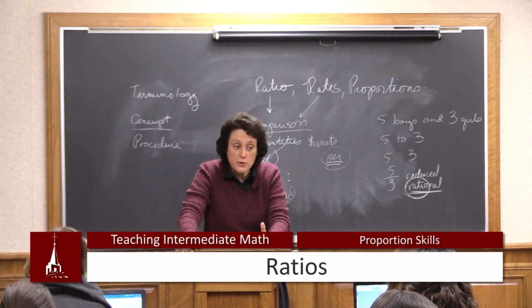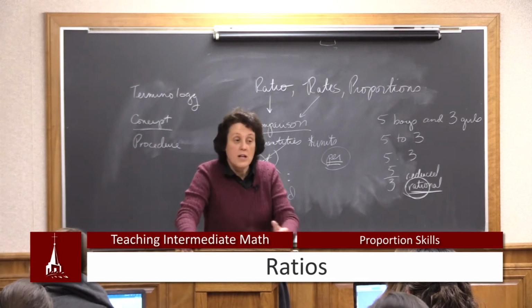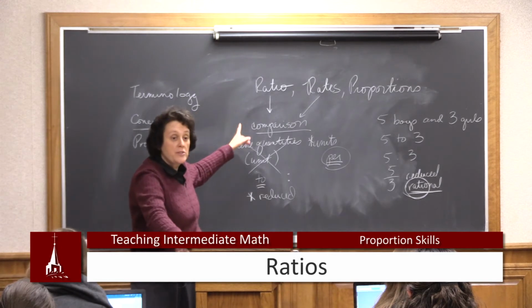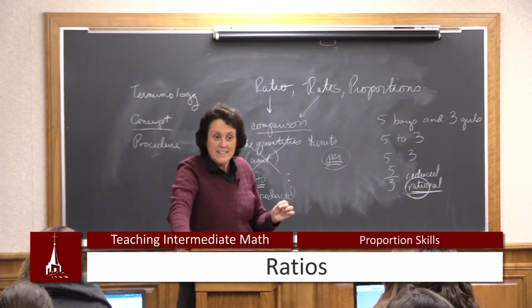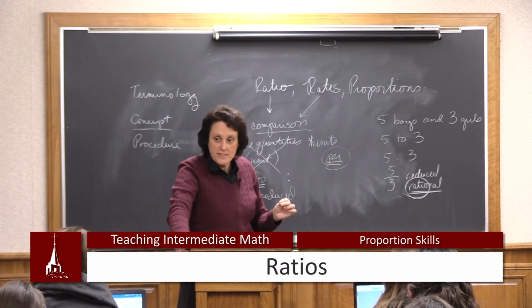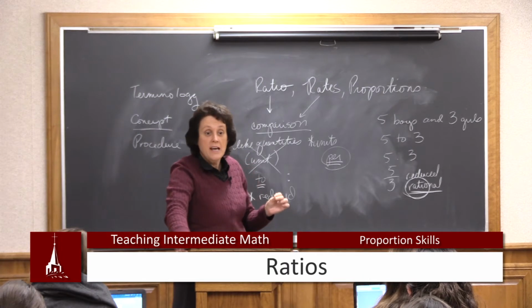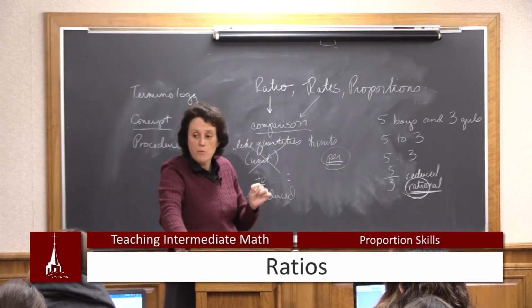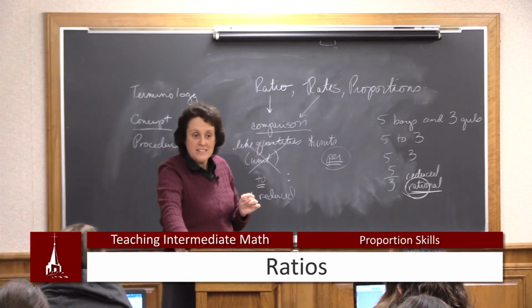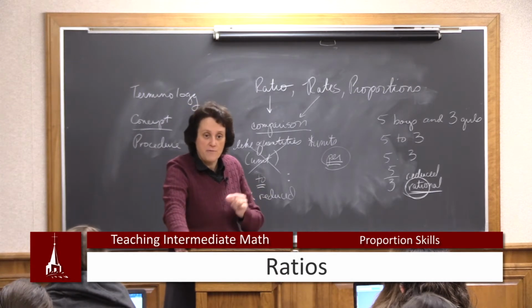Ratios are a comparison of like quantities. There is no unit, or the unit is not important. The unit cancels out when you reduce it, and ratios are always expressed in reduced rational form, which is not the same as fraction.